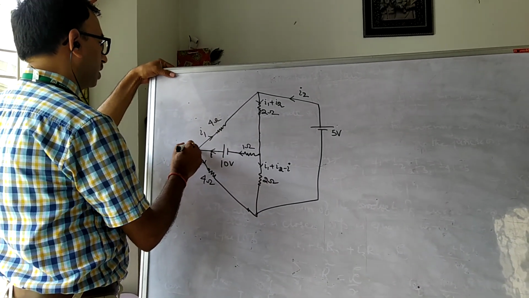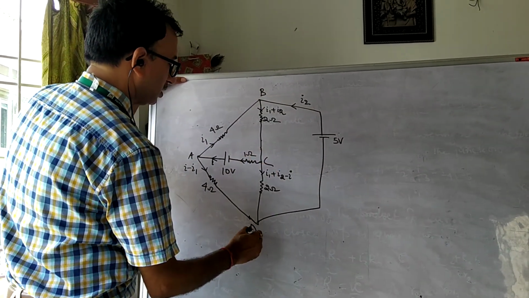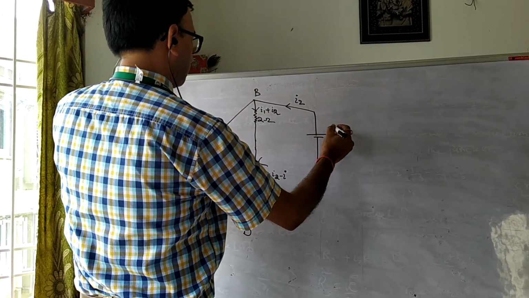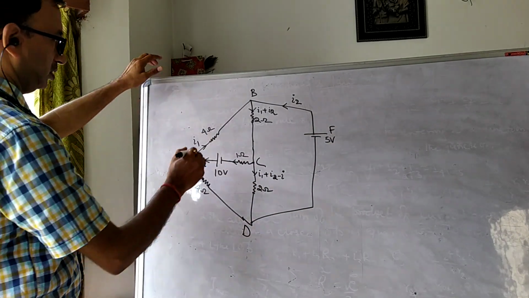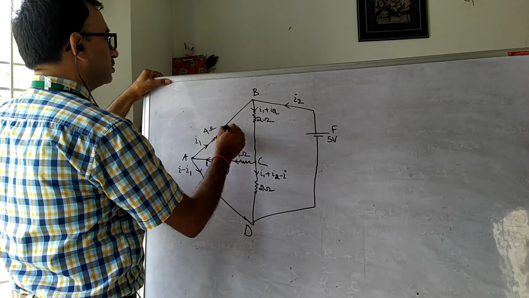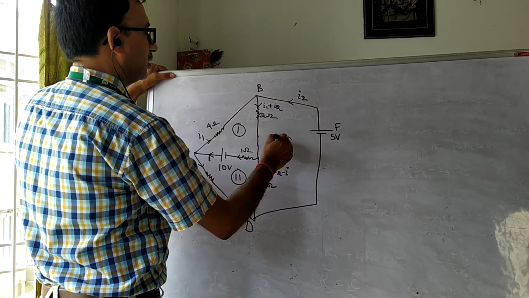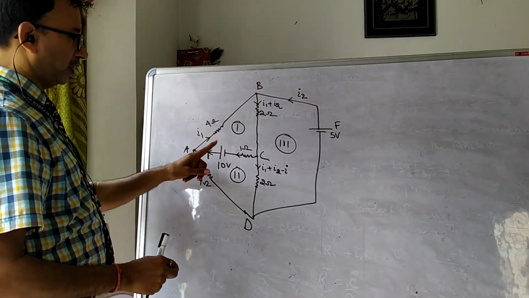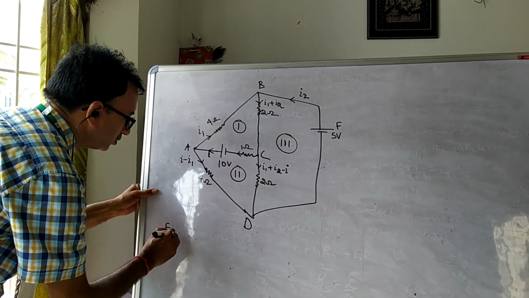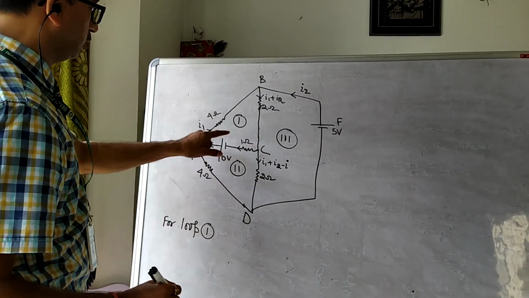Now we will name the loops. Let the points be A, B, C, D, and let it be F. Now this is my loop 1, this is loop 2, and this is loop 3, closed loops. For loop 1, what is the name of loop 1?